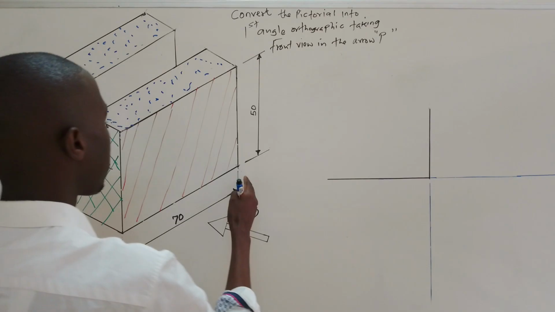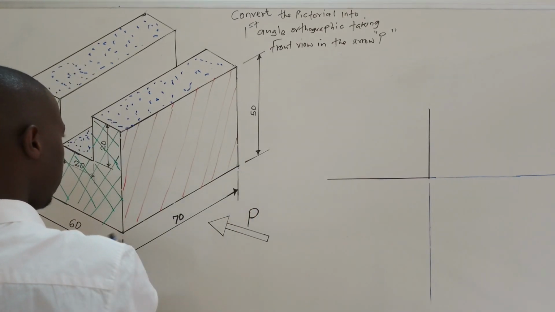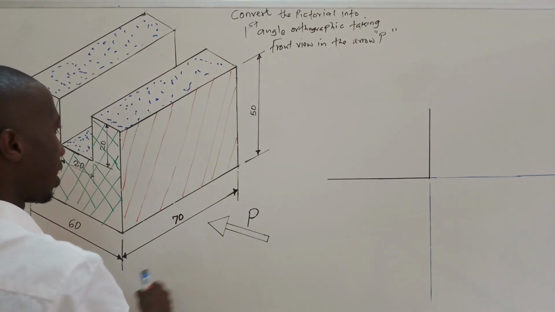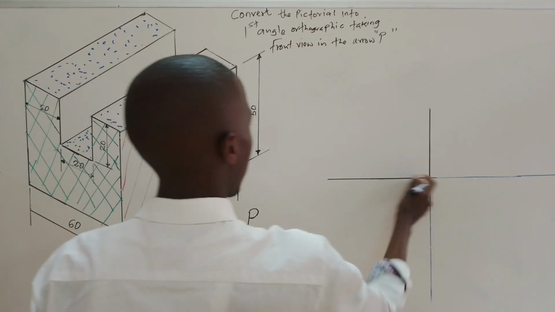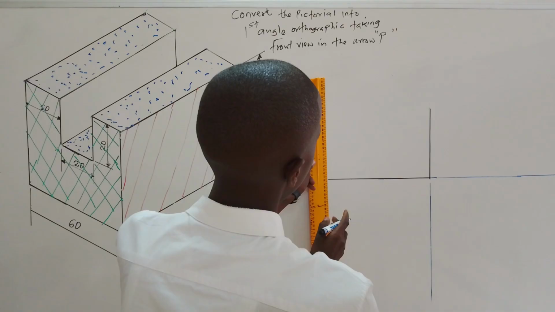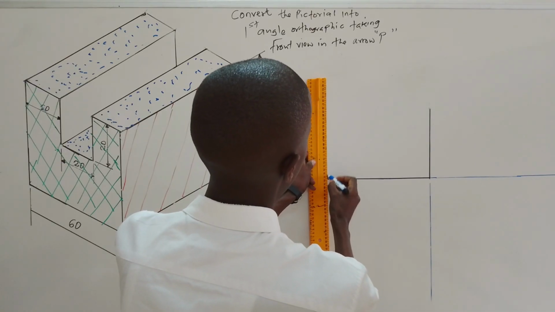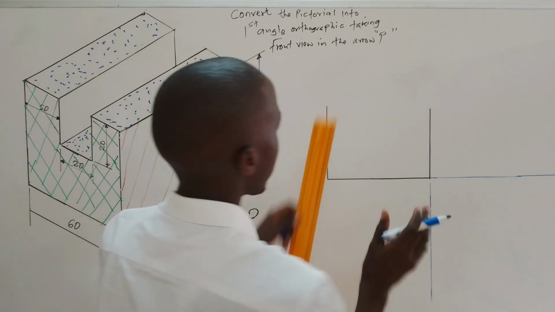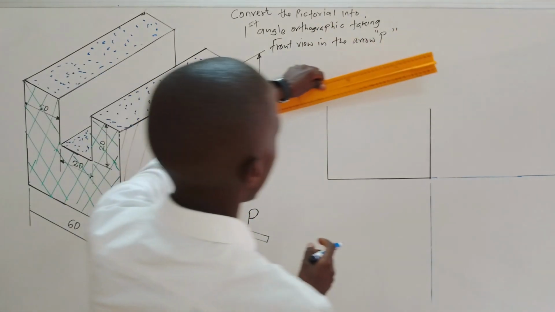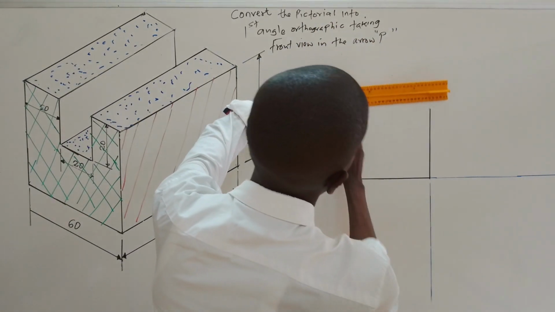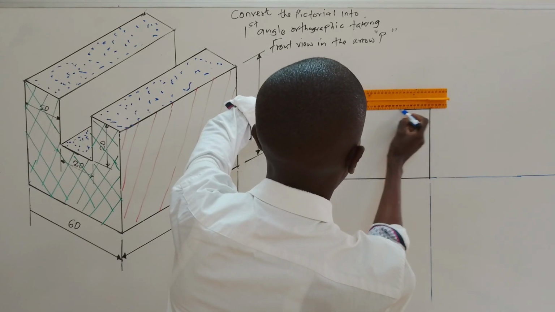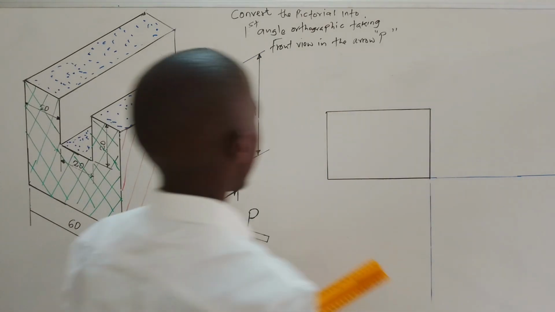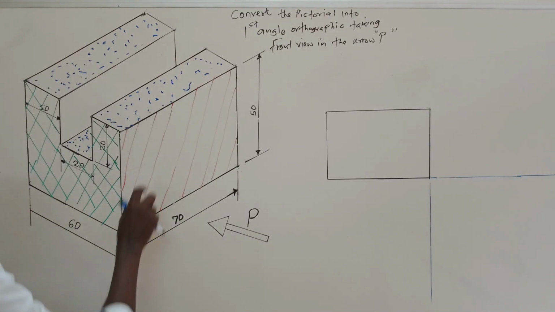We are drawing from right to left, so we are moving towards the left. So I'll also make this 90, at the end of 70. So we say it will take the shape of a rectangle. So I will align this. Now that is what is feasible on our surface.